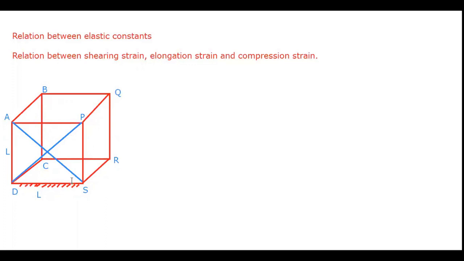Now, to understand the shearing strain, the elongation strain and the compression strain, let me apply the deforming force. Let us consider one face of the cube, APSD. We know that one face of the cube is fixed to the rigid support, so the diagonals are constant in this face also.